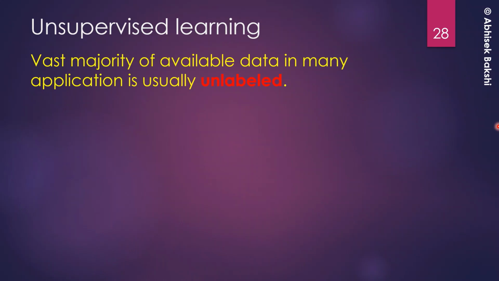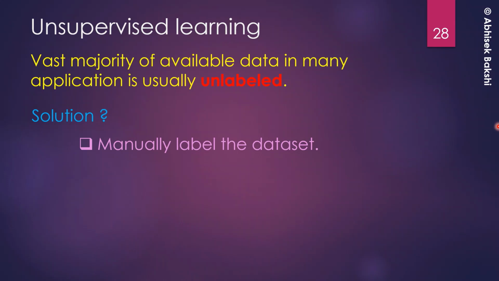So in that case, how can we go about creating a machine learning model? The simplest approach is to manually label the dataset, but that is almost an impossible task. How would you know which particular data point has which particular label?